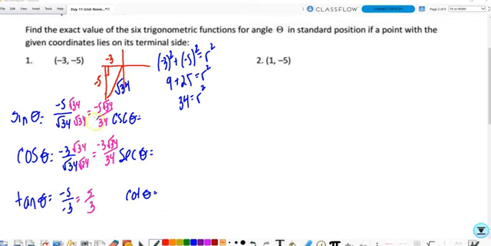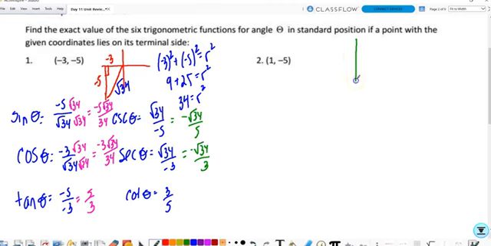For the reciprocals, I'm going to use my original fractions. Cosecant, so that would be root 34 over -5. Secant, root 34 over -3. And then 3/5. Negatives in the denominator just looks funny. I'm going to move that to the numerator for my final polished answer.